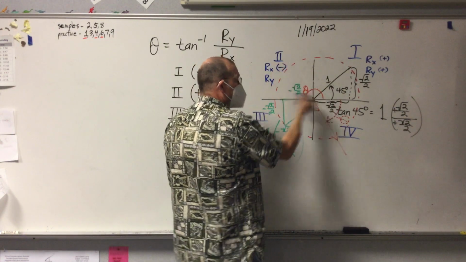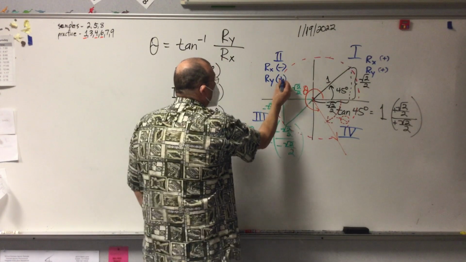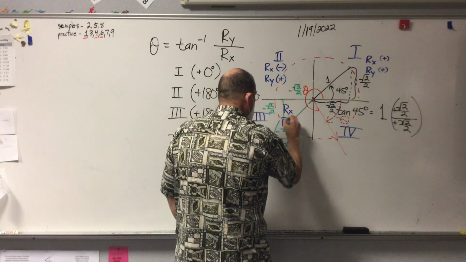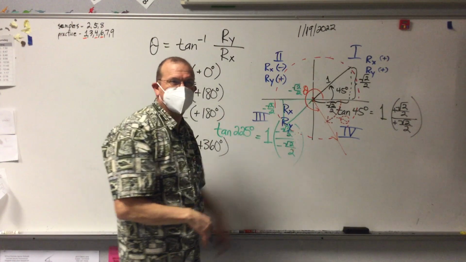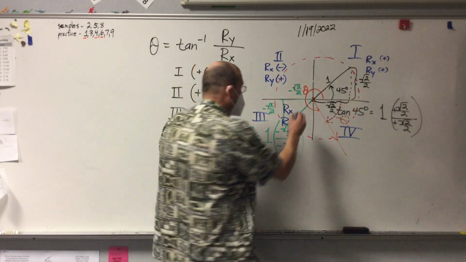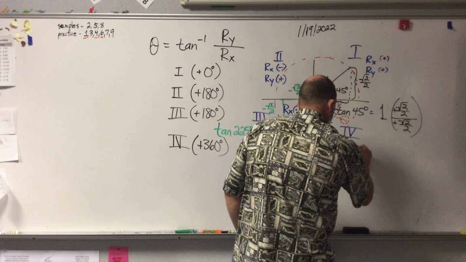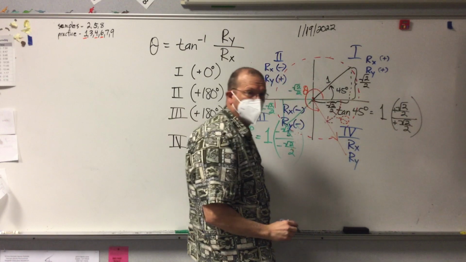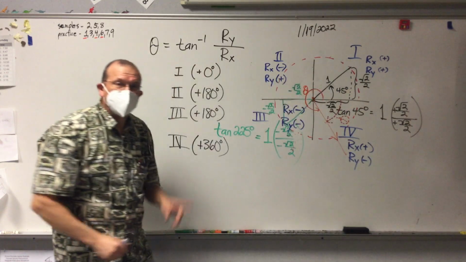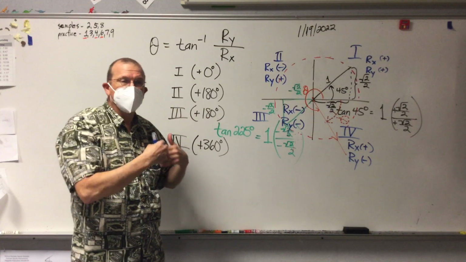Rx would be negative because you need to go to the left, and Ry positive because you need to go up. If you're down here, what's the sign pattern? Negative and negative. And over here, what is it? Positive, negative.